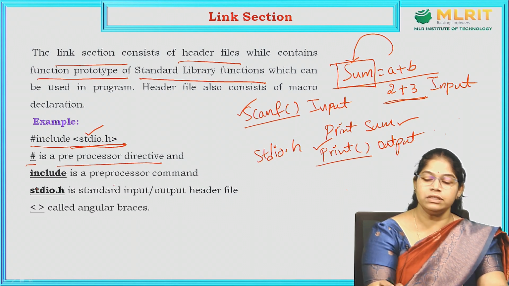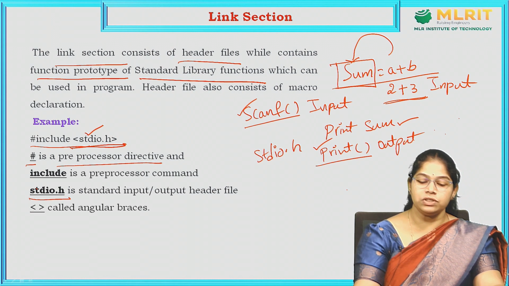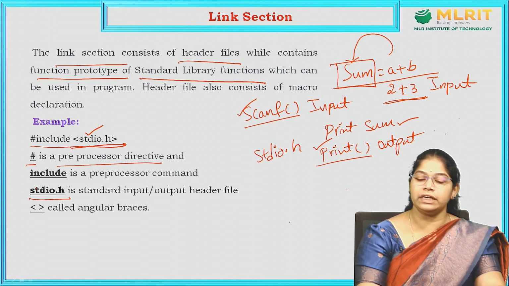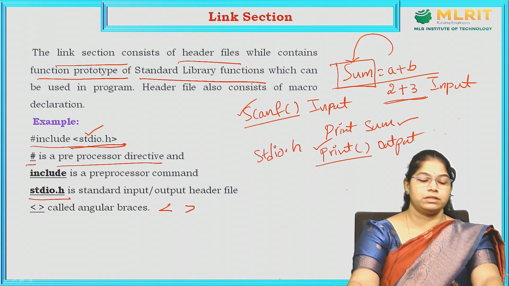Here include is the preprocessor command, then stdio.h, where std means standard, IO means input output, and h is the header file. This is a predefined header file that must be included in angular braces.